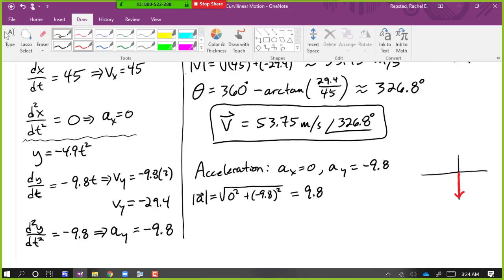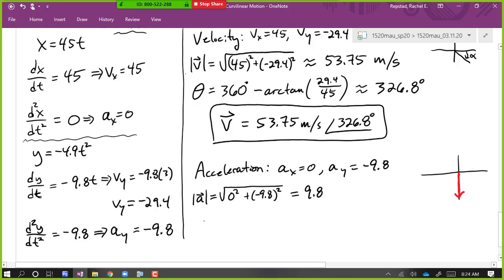Now, let's think about the angle. If we try to find arctan of 9.8 over 0, I think we encounter a problem. We're definitely going to get an error. We can't divide by 0. So this isn't really going to serve us well.